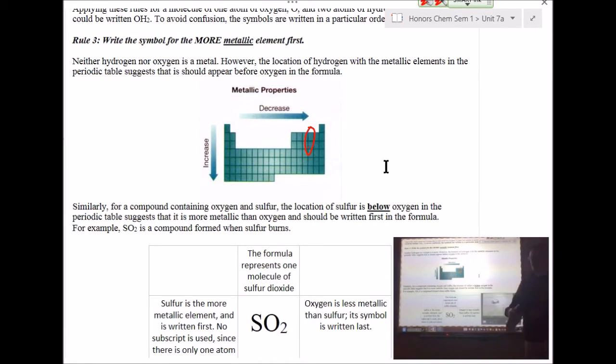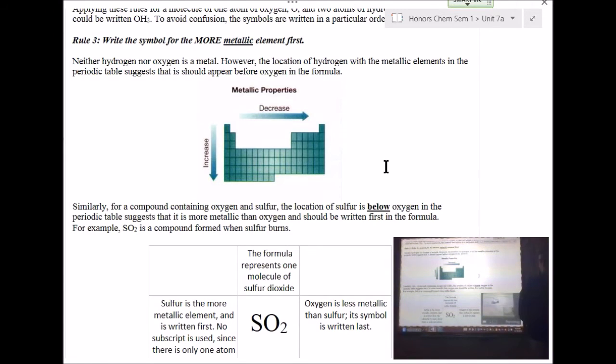We would write the sulfur before the oxygen because sulfur has more metallic properties. Is it a metal? Absolutely not, but it has more metallic properties. What does that mean? We don't care. Okay, that's beyond the scope of this class. And we don't talk about it in AP either. Okay. But what's nice is I will always, for these types of things, tell you who is more metallic.